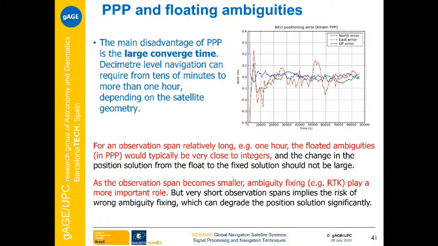RTK provides the high accuracy in a few seconds, as I commented before, but the problem of RTK is that if we want to fix the ambiguity quickly, there is some probability of having a wrong fix. And when we have a wrong ambiguity fixing, the position is degraded. But there are techniques to assure that the ambiguity fixing is fine, in order to reduce this probability of wrong fix.